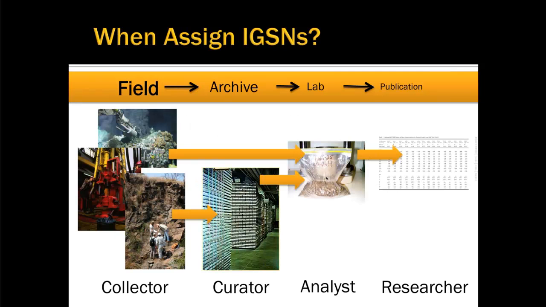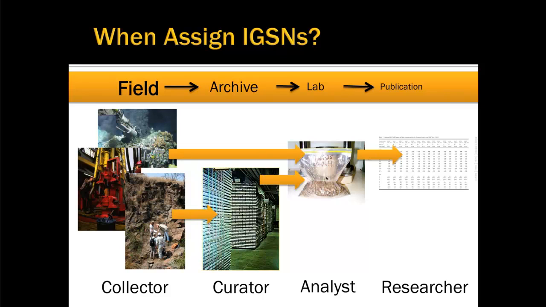One of the questions that we ask a lot is, when should I assign an IGSN? Now, the preferred time to do it is clearly when new samples are collected, to do it right in the field, so that the IGSN can be put on the label of the sample right away, especially if the sample is split up among different investigators in the field already.